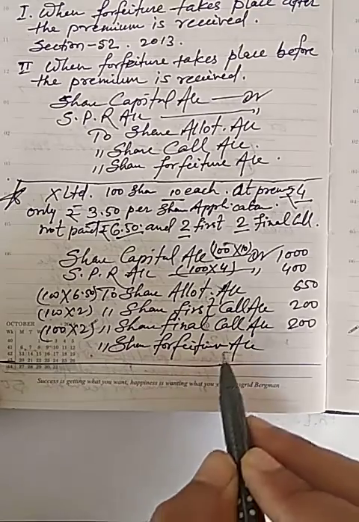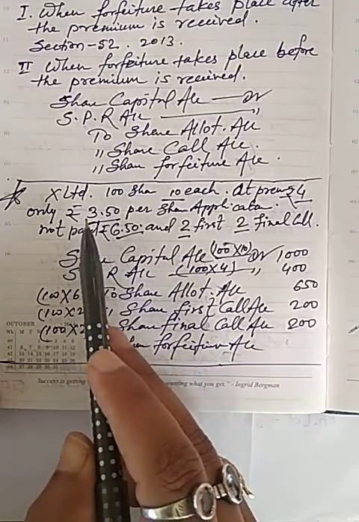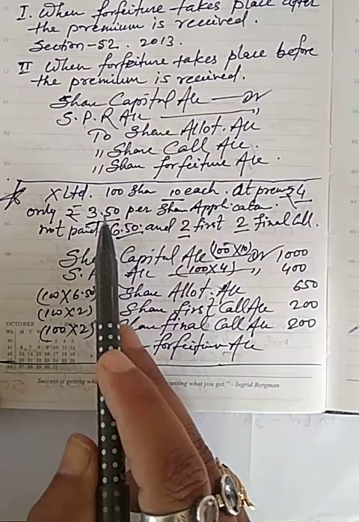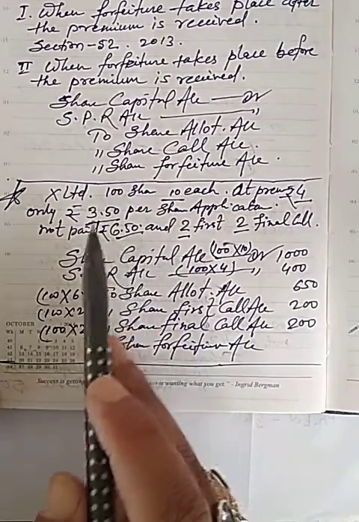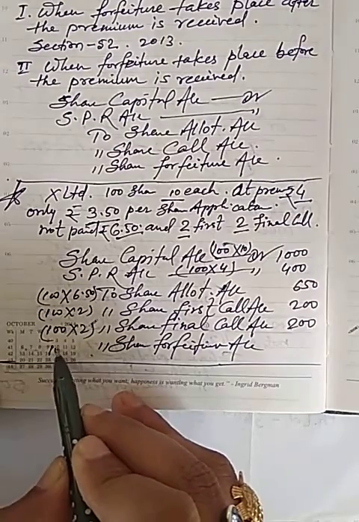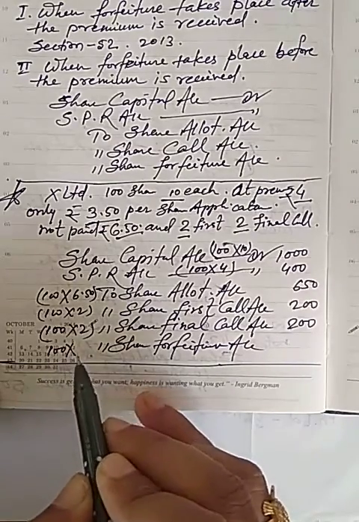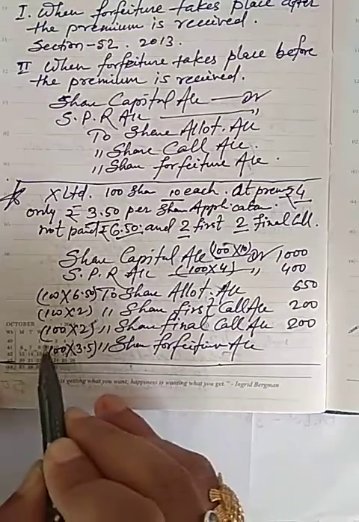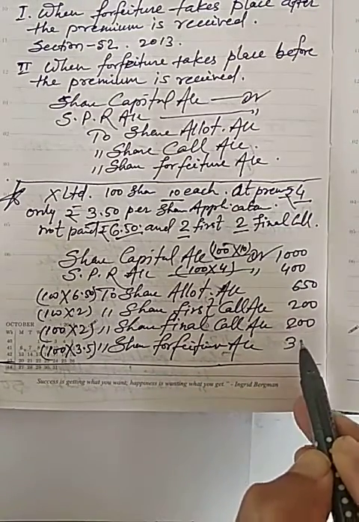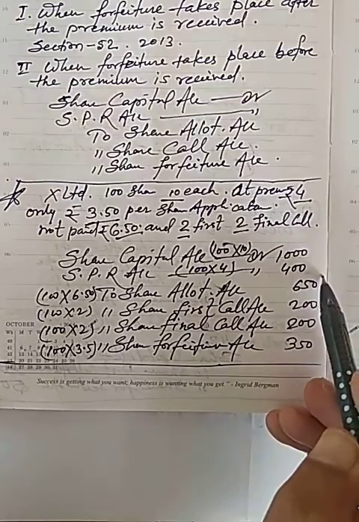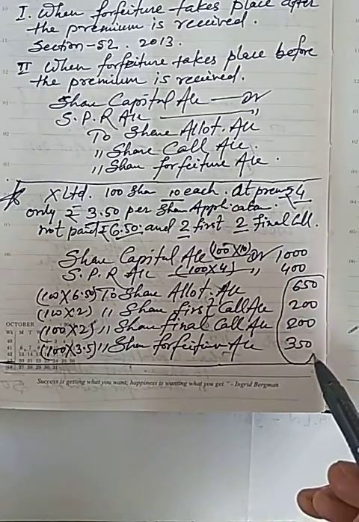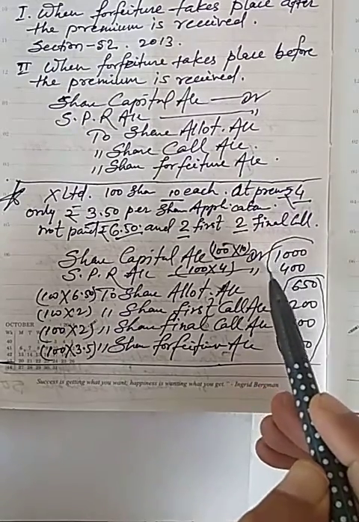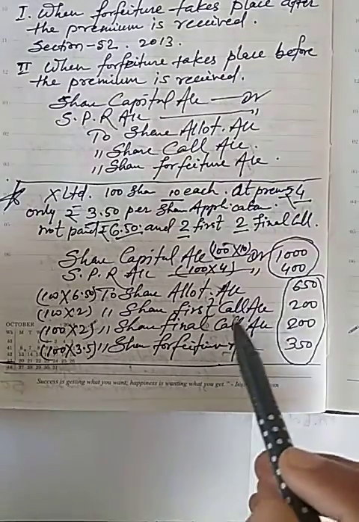In share forfeiture I have received only application money at the rate of 3.5 rupees per share, so I will forfeit it, 100 into 3.5, it will be 350. When I add all the credit side, it will equal the debit side.